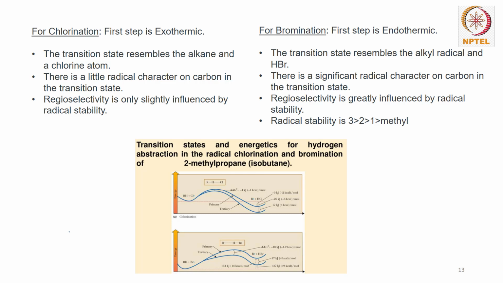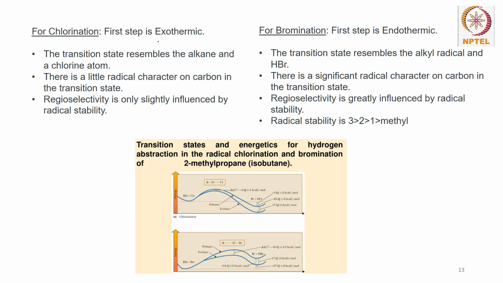So how will it affect this reaction? In case of chlorination, the first step is exothermic, and in case of exothermic reaction, the reactant energy will always be higher than that of the product.